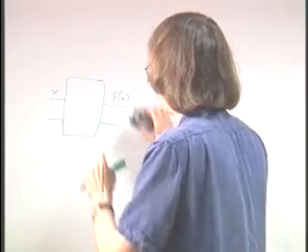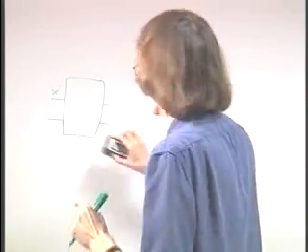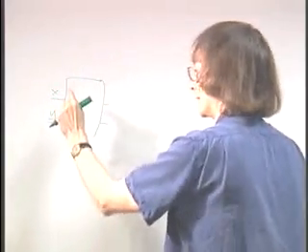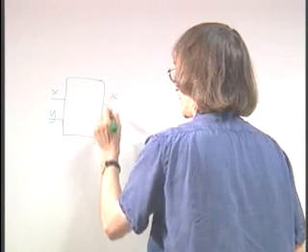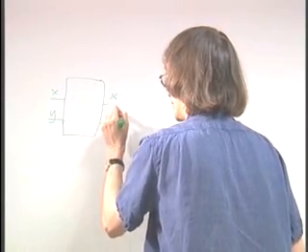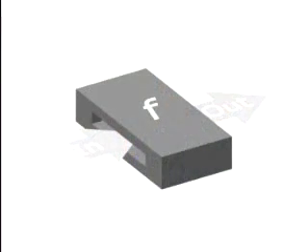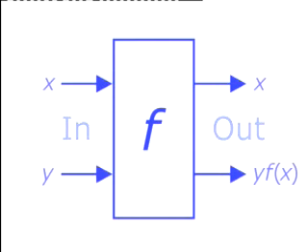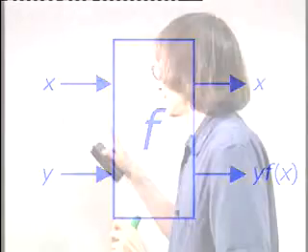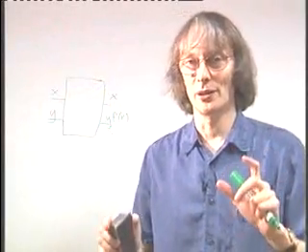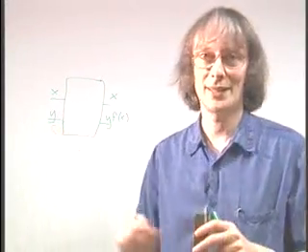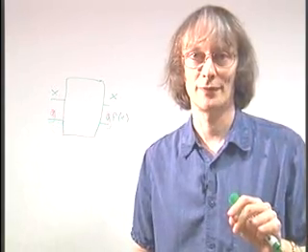And when it computes f, what it must really be doing is something like this: x and y goes to x and y times f of x. That's a reversible computation. And if you want to use the oracle to compute f of x, then you just have to make sure that y is initialized to the value +1.